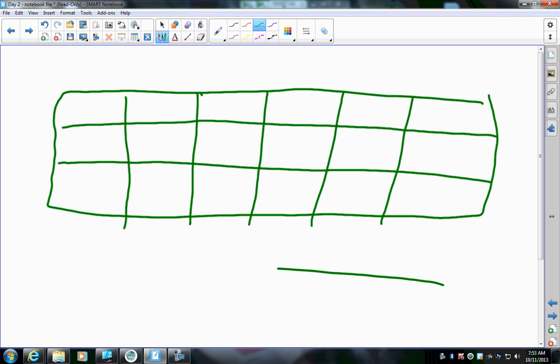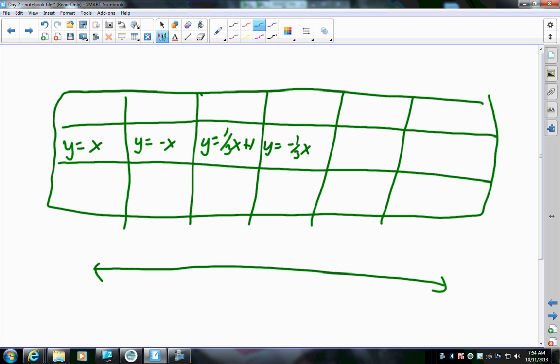And you have a number line down there. Okay, so we've got y = x, y = -x, y = 1/3 x + 1, y = -1/3 x + 1, y = 3x - 2, y = -3x - 2.